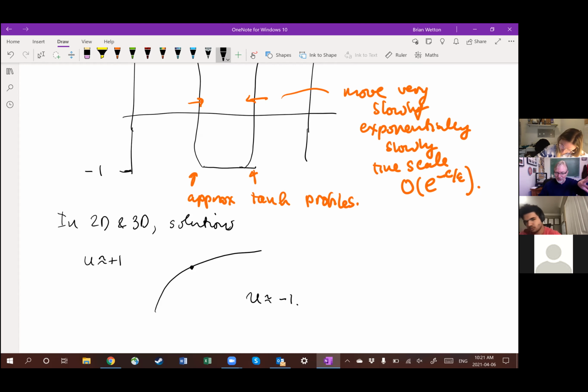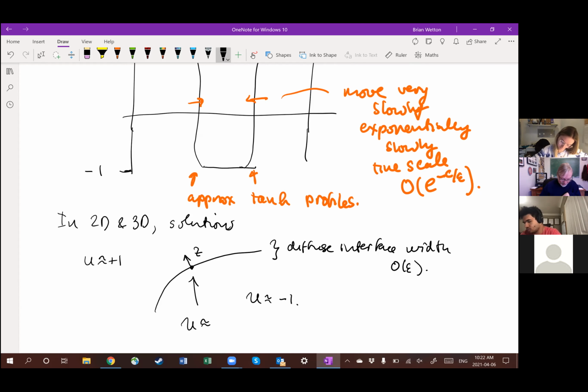It's going to be this smooth to diffuse interface that's got a width that's order epsilon. And if I looked at a normal coordinate through the interface, right, then I would have u is approximately equal to the hyperbolic tangent of that normal direction divided by 2 epsilon, right?